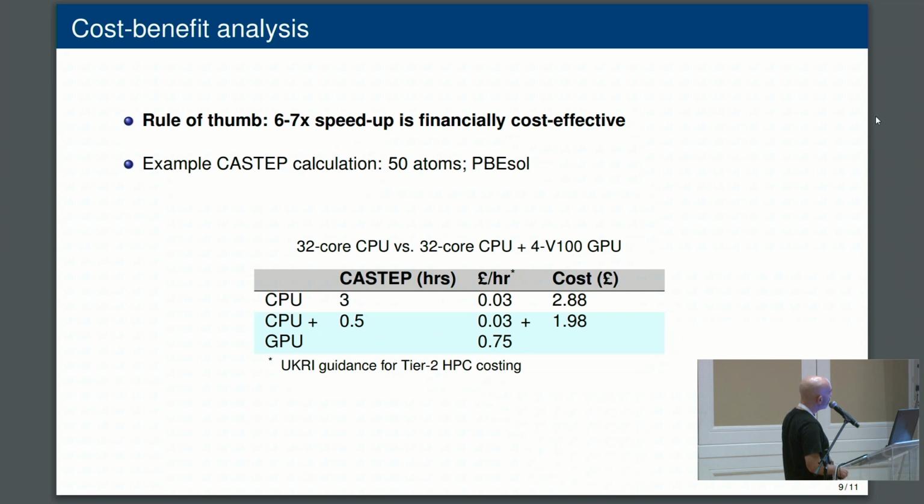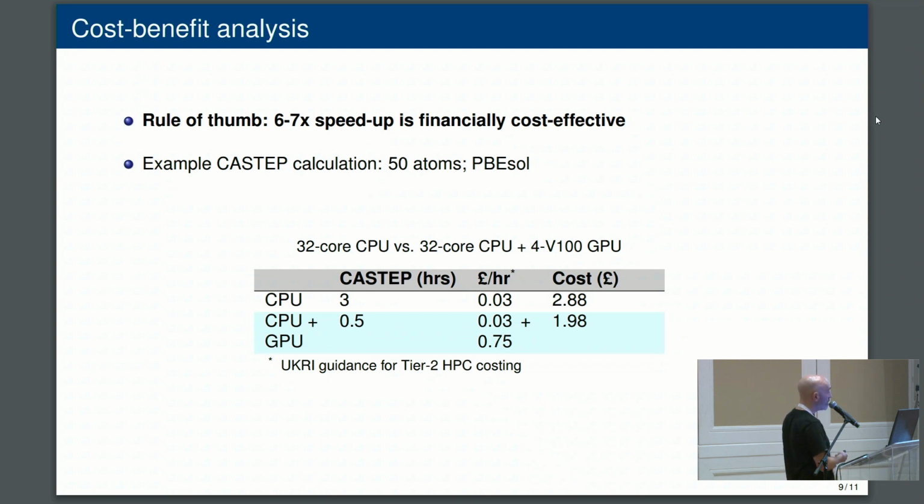So if we look at what the CASTEP calculation would cost on the CPU, we're talking about £2.88, and on the CPU plus GPU configuration, it costs around £2. So we're getting about a third saving. So around a 6x speed up in time and around a third saving in financial cost.